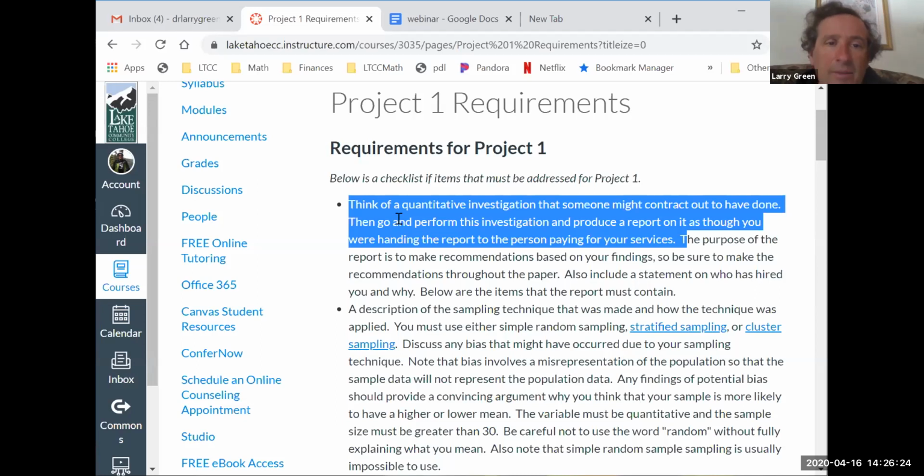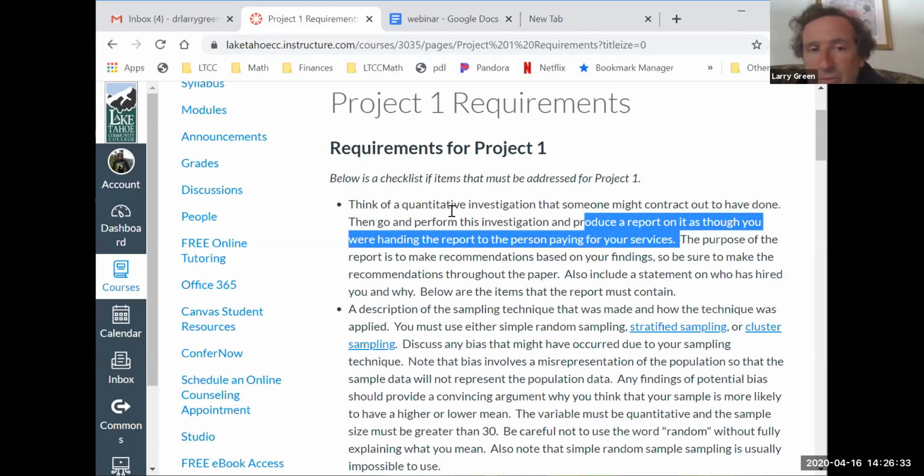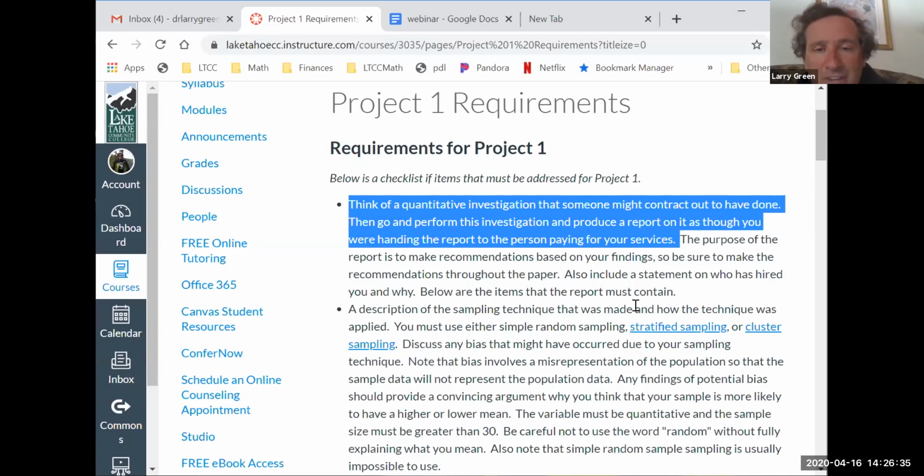Then perform the investigation and produce a report as though you were handing the report to the person paying for your services. So the audience of your project is not me, it's this client that you have. So that's who you should be addressing the project to.